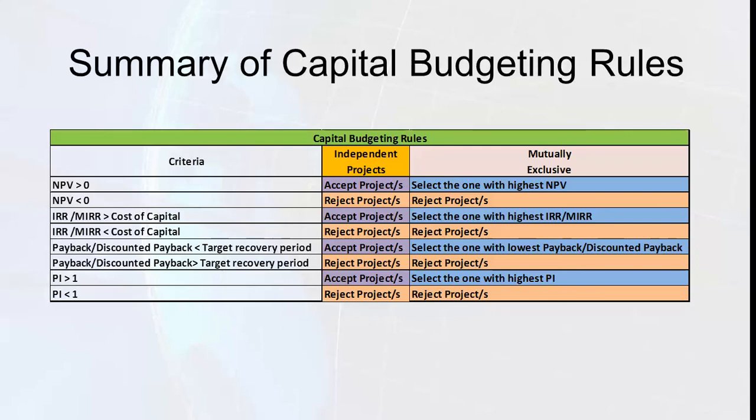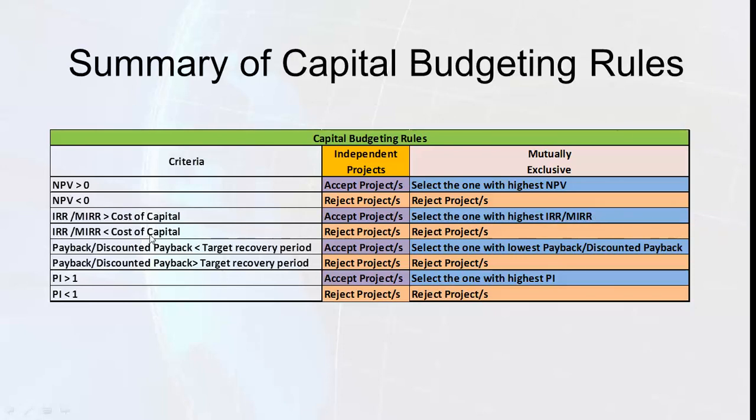Just summarizing all the capital budgeting criteria: for mutually exclusive projects, accept the one with NPV greater than 0. IRR and MIRR have to be greater than the cost of capital for independent projects, and for mutually exclusive projects, rank the one with the highest NPV or IRR or MIRR.